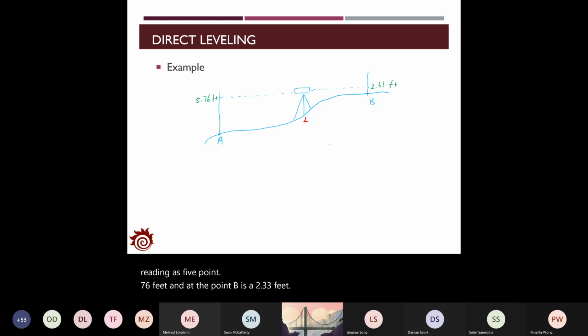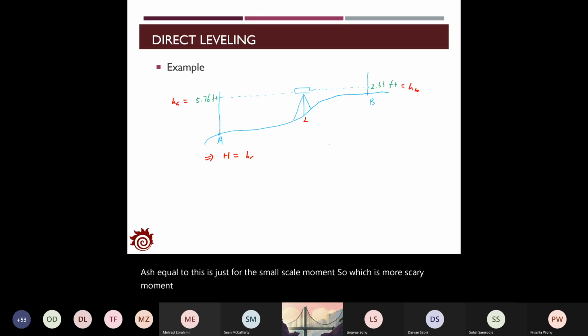Then we want to find out the elevation difference between A and B. To do that, we have ha equal to 5.74 and hb equal to 2.33. And then we can get the elevation difference H equal to, this is just for the small scale measurement. So with the small scale measurement, we have H equal to ha minus hb.